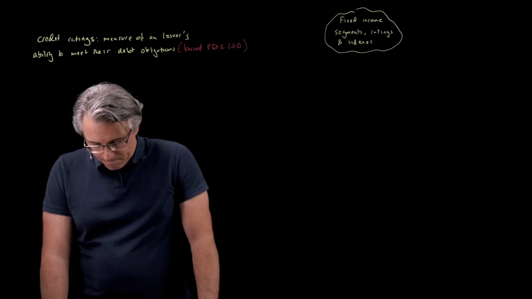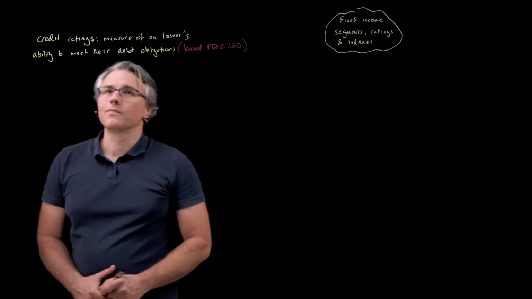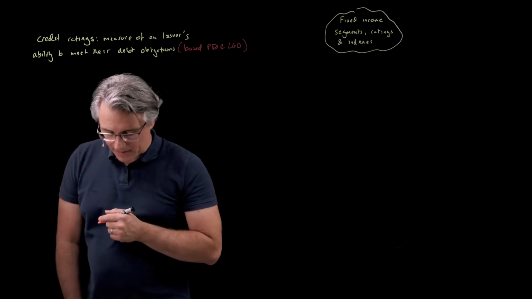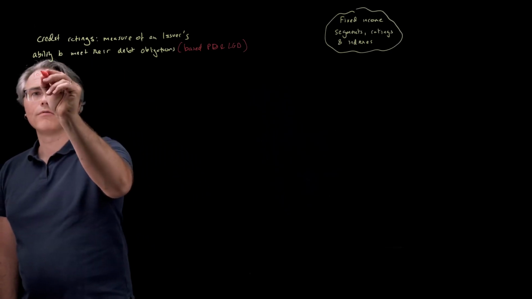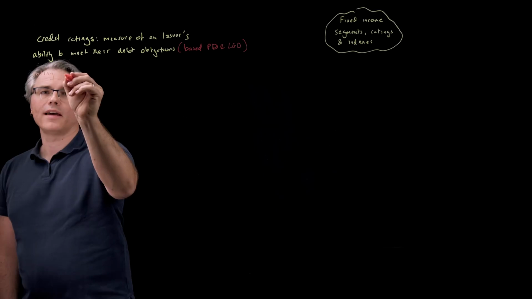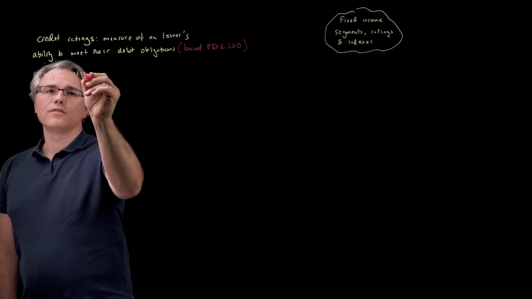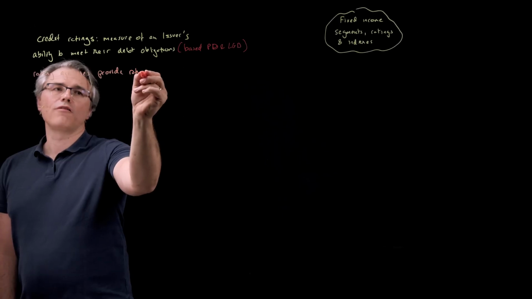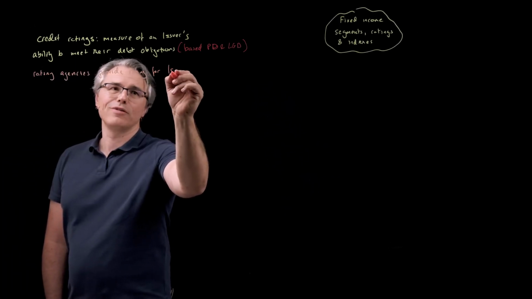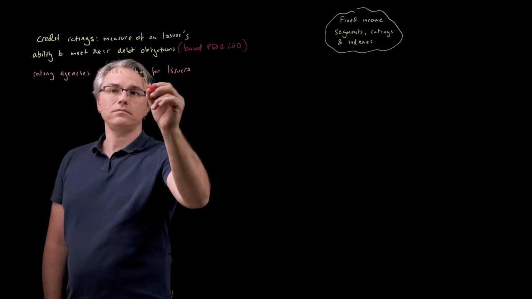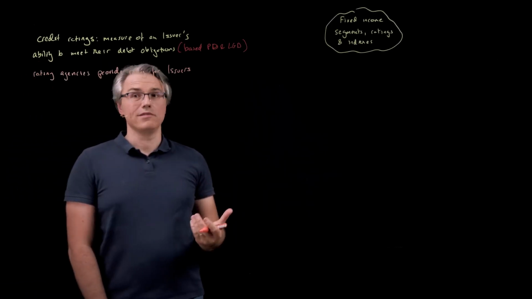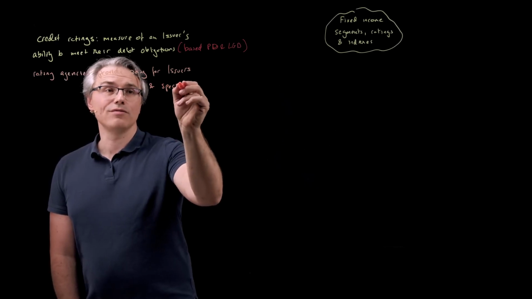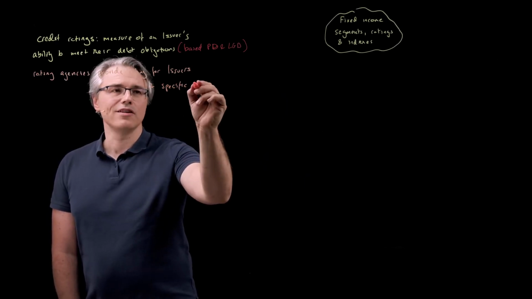Good. Let's say over here that the rating agencies provide two types of ratings. Rating agencies issue ratings for both the issuers, so a specific government, a specific company, but also specific issues coming from these issuers.